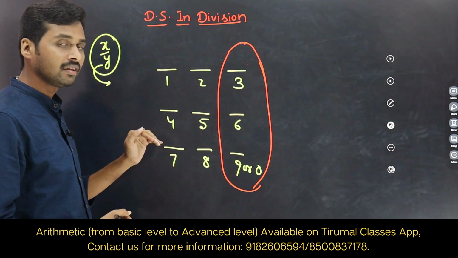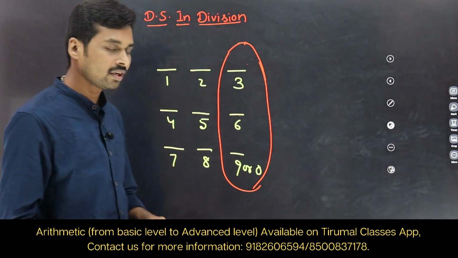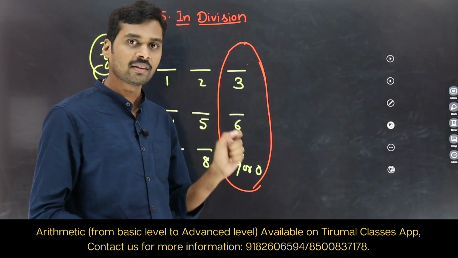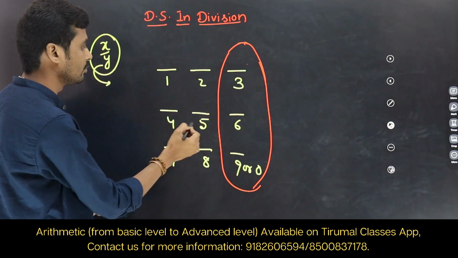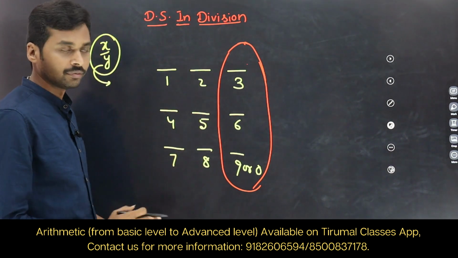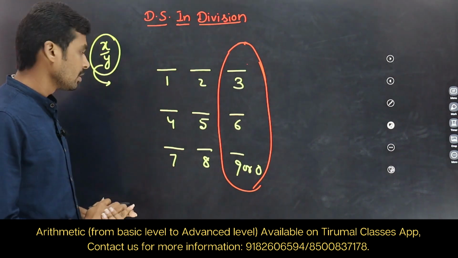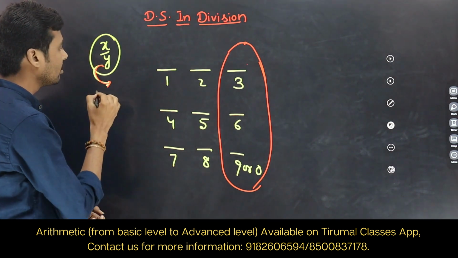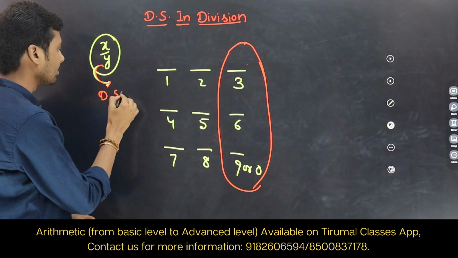When we are dividing any number with any other number, if we get the digit sum in the denominator part as either 1, 2, 4, 5, 7, 8, what will we do? The first point is, you always make sure that the DS of the denominator part is equal to 1.